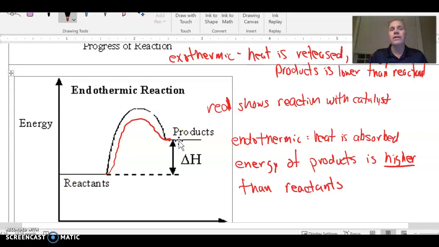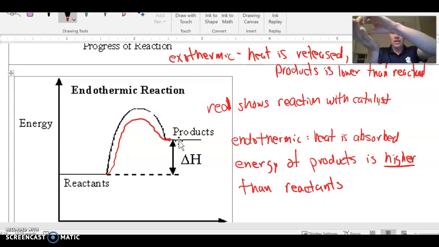If you think about it, think about just lifting an object. Which has more energy, this object when it's down low or up high? Well, in order to get this object up high, I have to put energy into it. But then when I put that energy into it to get it up high, it now has more energy than it did when it began.